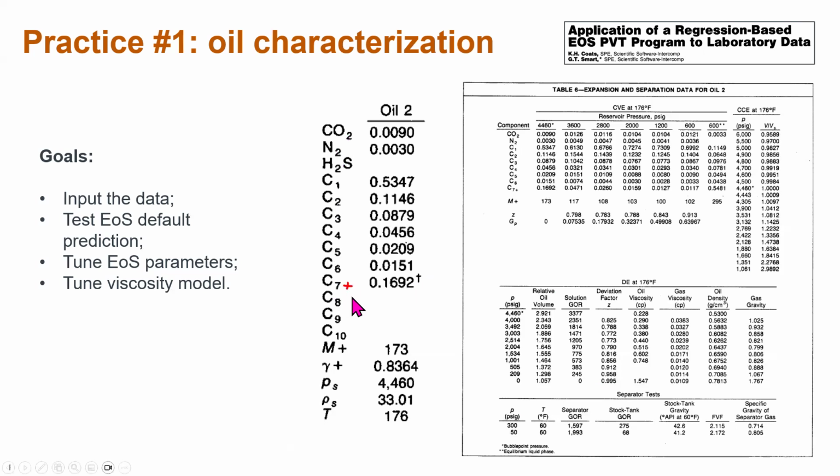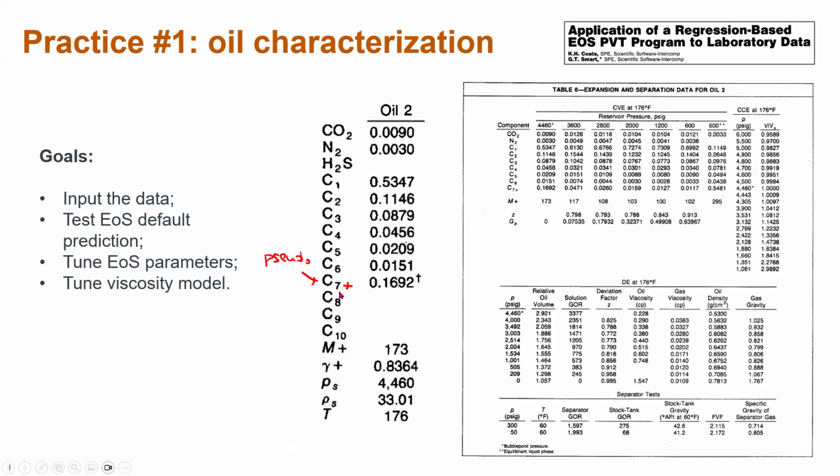All the components with more than 7 carbons in the chain are inside this component. This is called a pseudo component. It includes all the components that have more than 7 carbons in the composition, so it is a simplification of many components into a single component.